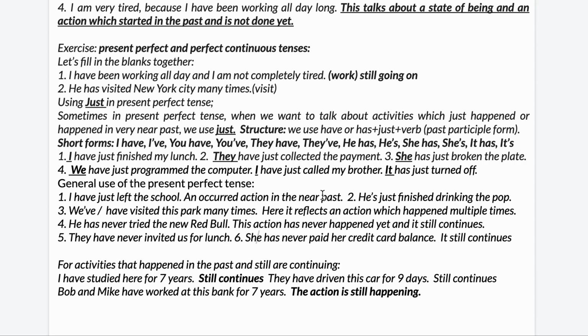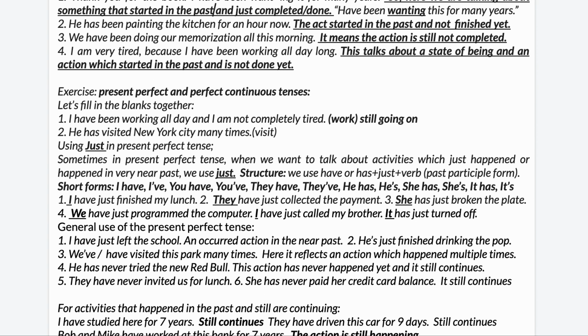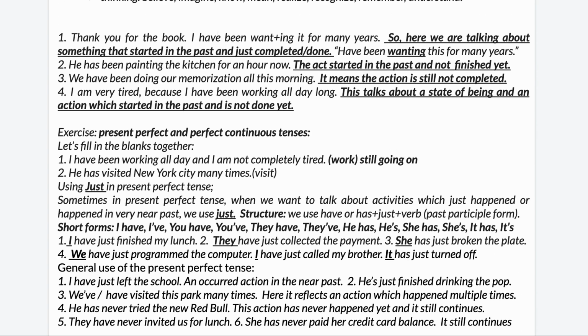But present perfect continuous is used when we talk about activities which just started in the past, or those activities are still going on. And present perfect is also used when we talk about something that we have done a few times or many times. Right there, we don't need to use a time expression because it's not required.